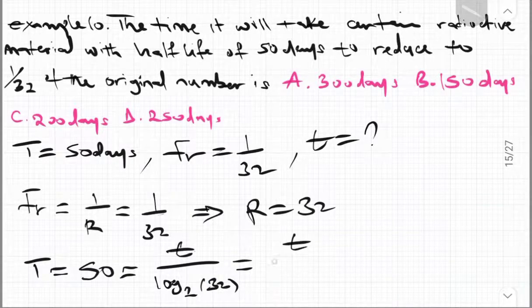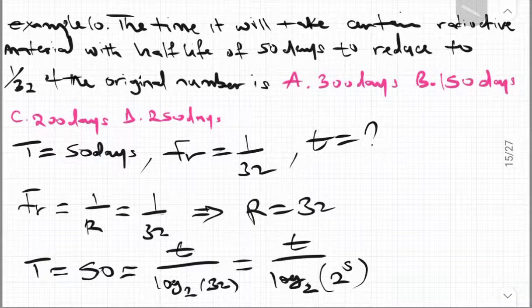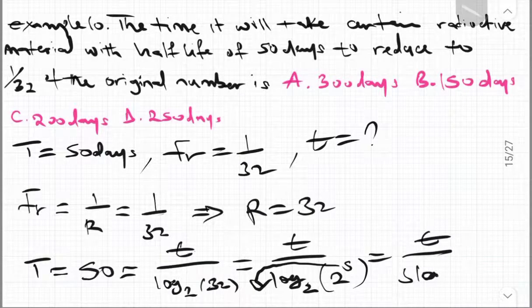So we have t over logarithm base 2 of 32, and 32 is actually 2 to the 5th power. Using the logarithmic law, we can bring this 5 here. So we have t over 5 log 2 base 2.